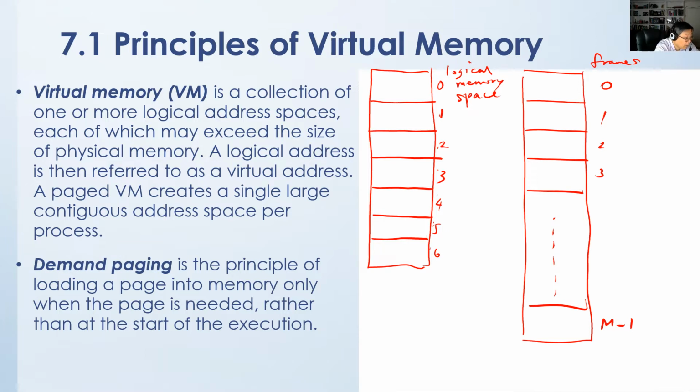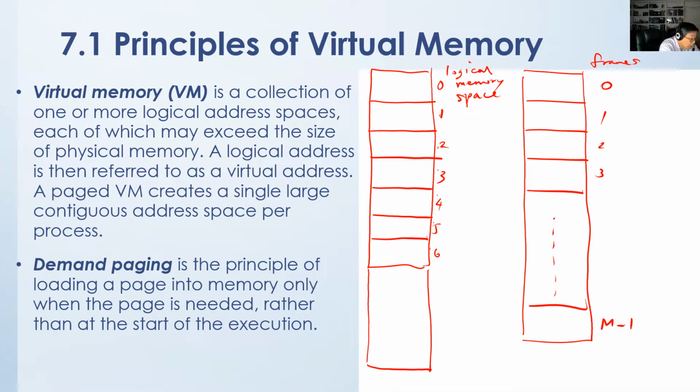In this approach, we assume that the logical memory space is always smaller than the physical memory. Now, in reality, in many cases, we can execute a process which is much larger, and sometimes even larger than the physical memory space. How can we do this?